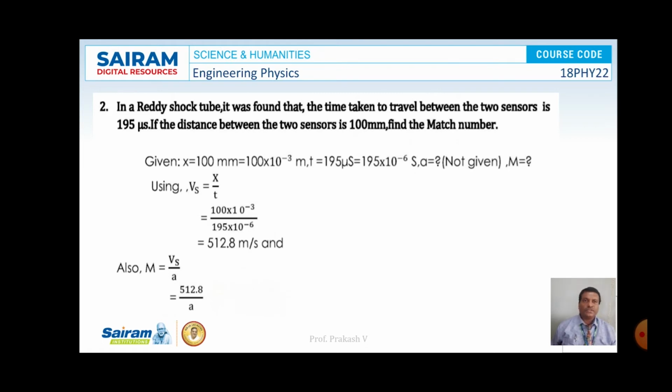Therefore, m is nothing but 512.8 by a. If the value of a is given, it is possible to calculate the value of m directly. Otherwise, keep the answer as it is, that is 512.8 by a, where a is velocity of sound in the same media.